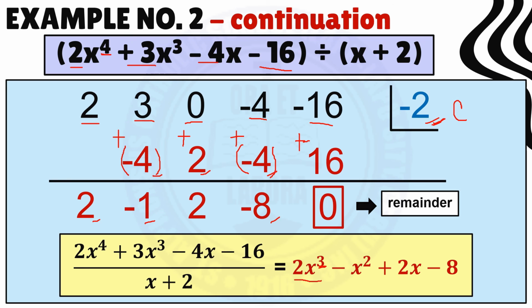Minus x squared, we don't have to write 1 since 1 here is an imaginary numerical coefficient. So from 3, which is the exponent, it becomes 2, plus 2x minus 8. So again, the final answer is equal to 2x cubed minus x squared plus 2x minus 8.